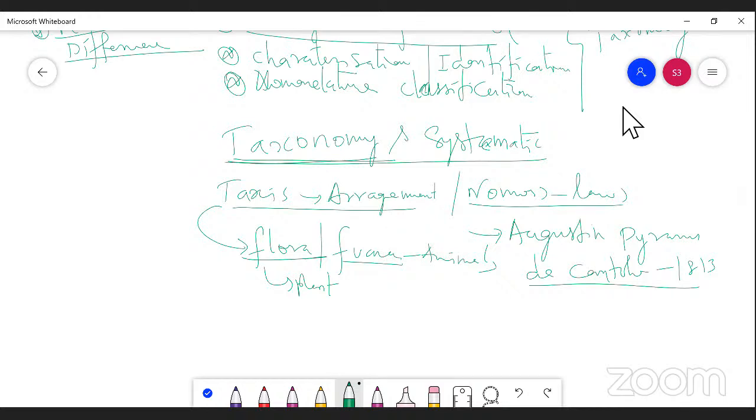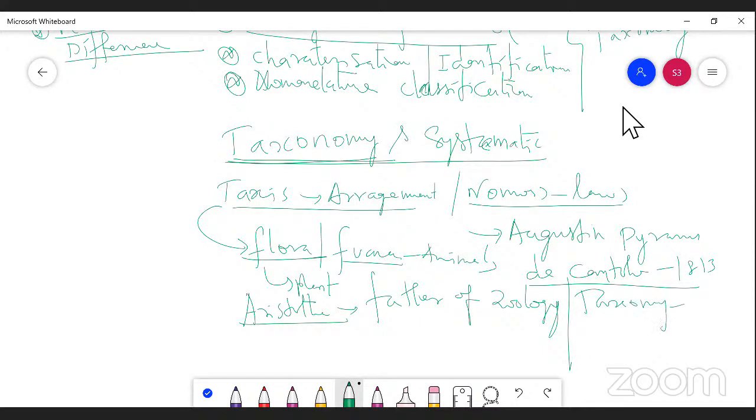Taxonomy is a theoretical study. The classification principles and rules were defined by the great scientist. Who is that? Aristotle. He was the father of world taxonomy, and also the father of zoology. What is the meaning of father of taxonomy?